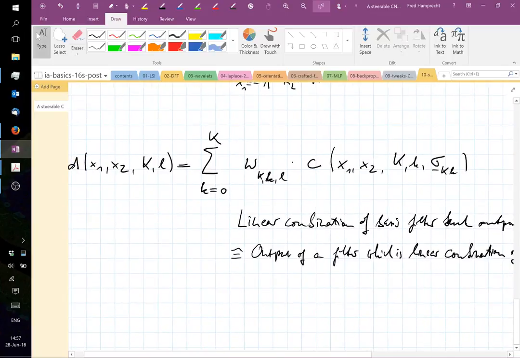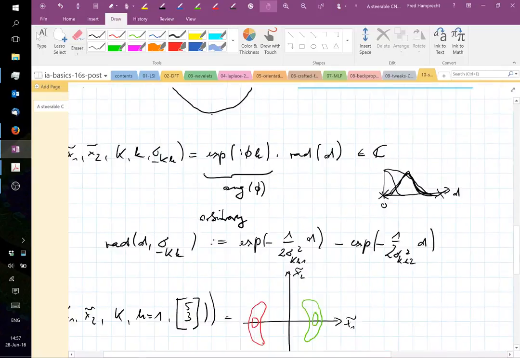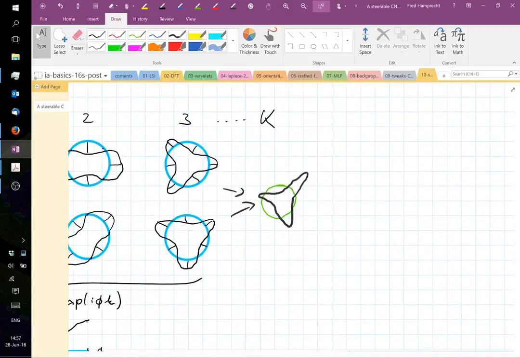Okay, so if I choose appropriate values here for these W's, I could, for example, produce this funny filter that I created here just for illustration.